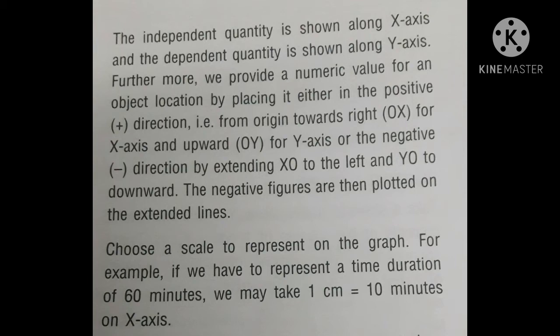Furthermore, we provide a numeric value for an object's location by placing it either in the positive direction, that is from origin towards right, OX, for x-axis, and upward OY for y-axis, or the negative direction by extending XO to the left and YO downward. The negative figures are then plotted on the extended line.